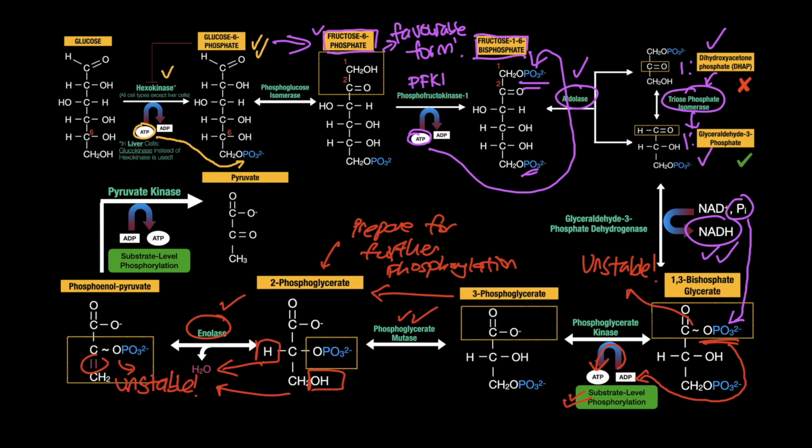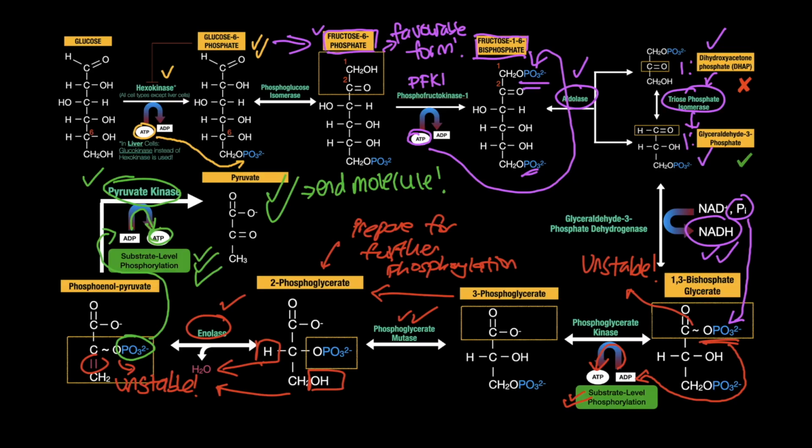And because phosphoenolpyruvate is unstable, it readily wants to attain the stable state. Therefore, with the help of pyruvate kinase to transfer the phosphate group from phosphoenolpyruvate to ADP, which forms ATP, pyruvate is generated as the end molecule, and ATP is generated through substrate level phosphorylation.